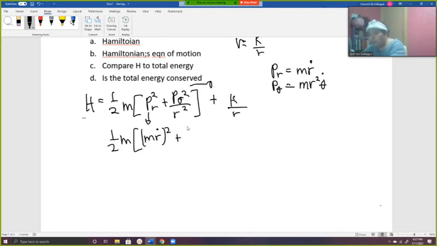Now, which is 1/2 M, which is M R dot squared plus M R squared theta dot squared over 2R squared plus KR.